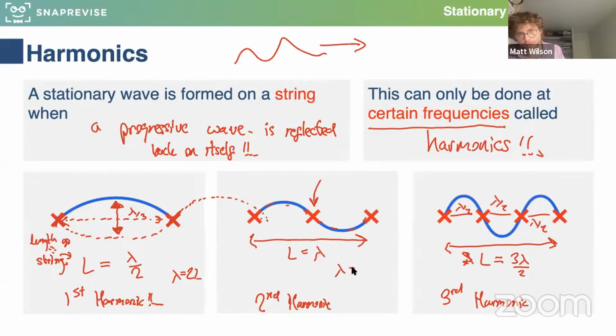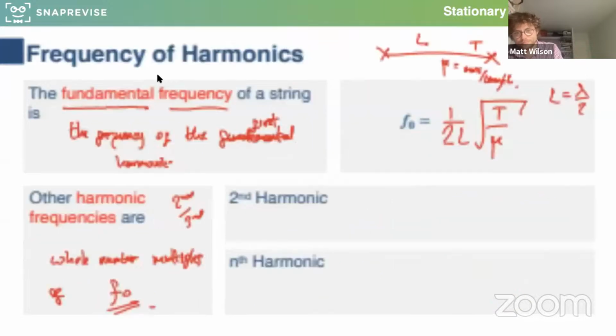Here we had the wavelength equals 2L over 2. Here we have wavelength equals 2L over 3. And so you see a general formula here for the nth harmonic. The wavelength is equal to 2L over n. Now we're going to see that there's an even nicer formula for the frequency.